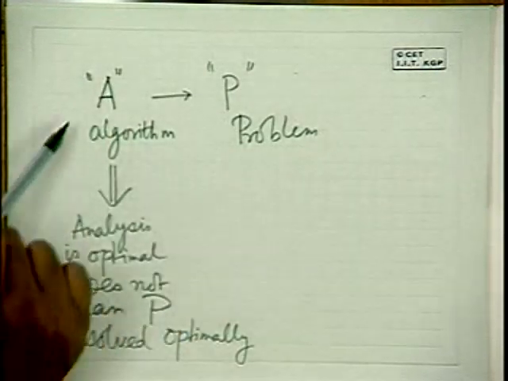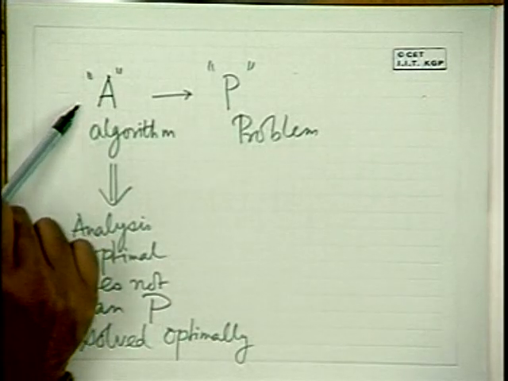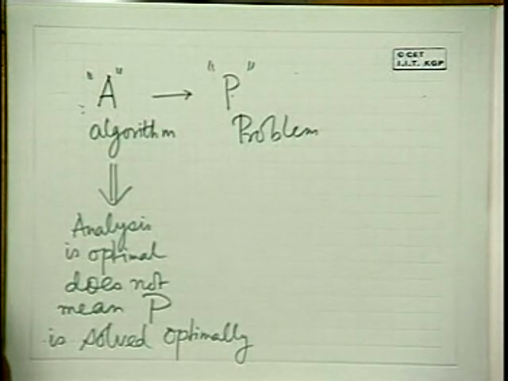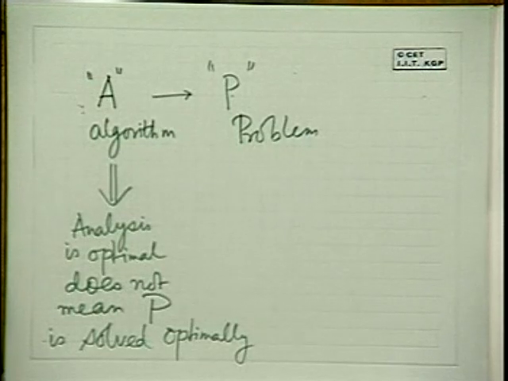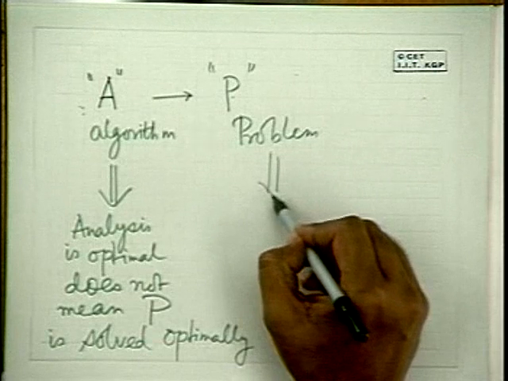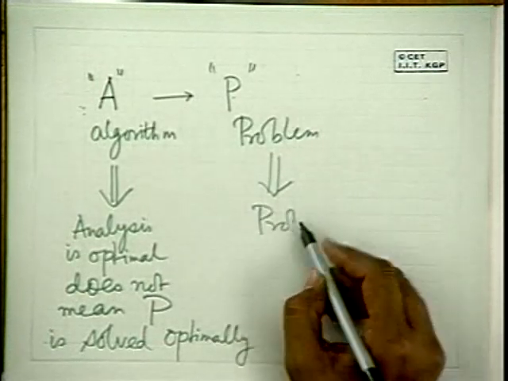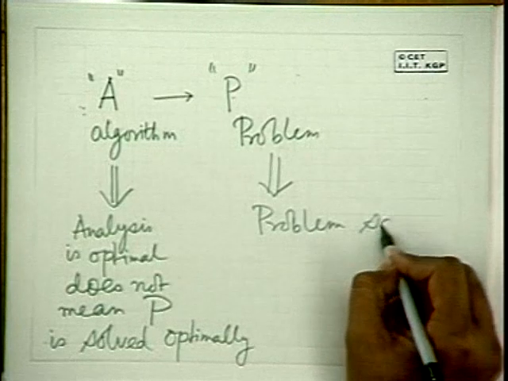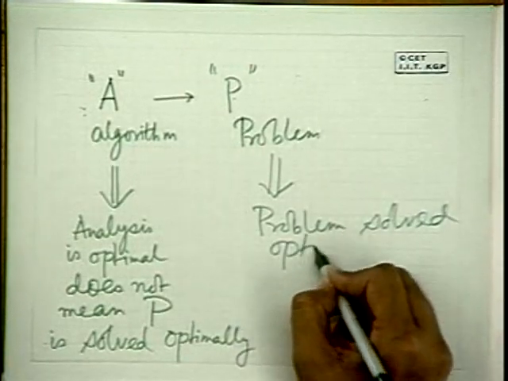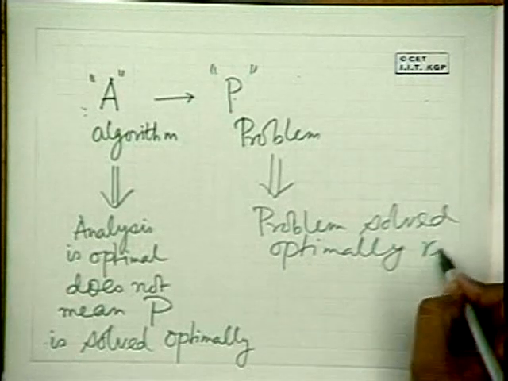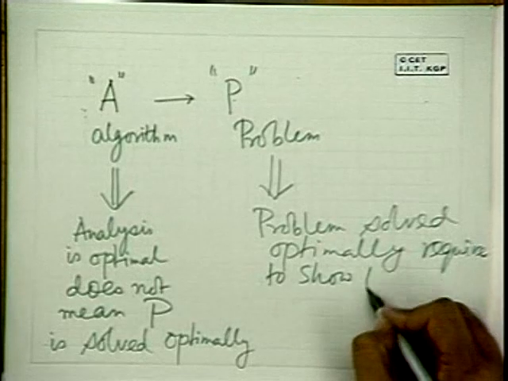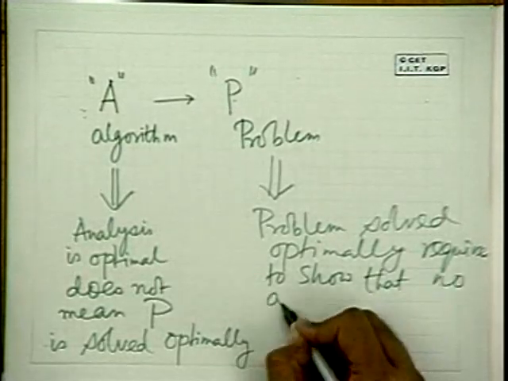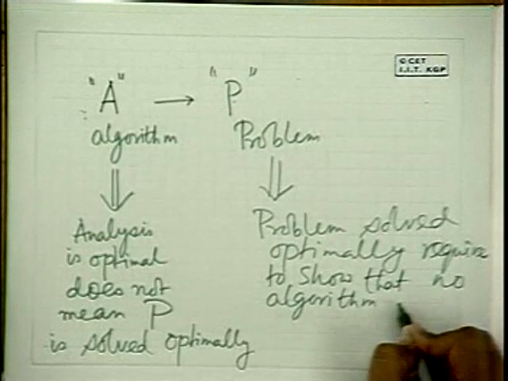The analysis you have done is optimal, but that does not mean you have solved the problem P optimally, because somebody else may give you another algorithm which is better than this. And for the problem to be solved optimally requires showing that no algorithm is better.